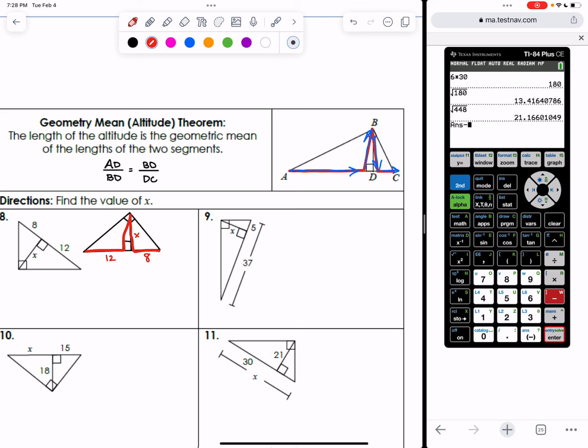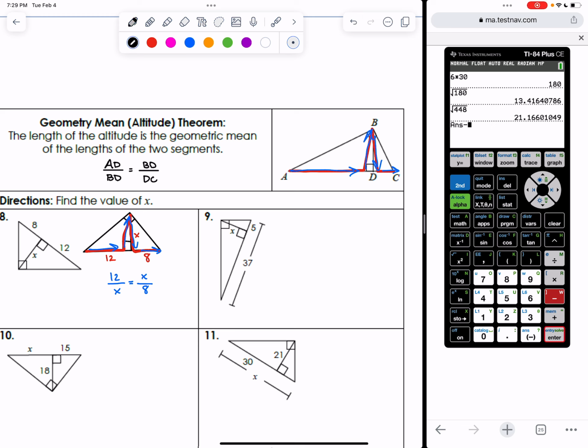Perfect. So when we do that, we can now do our setup. Our setup says we're going to go 12 first, then up through x, back down, and through. So let's do that slowly, one by one. We go 12 over, that's our first. Then we go up by x, back down x, and then through 8.